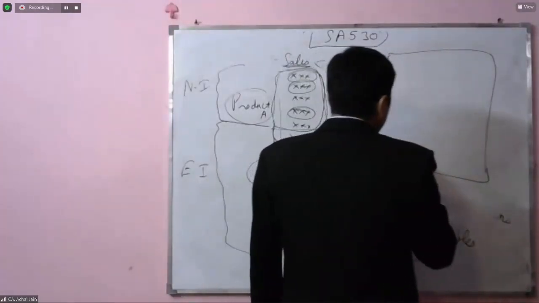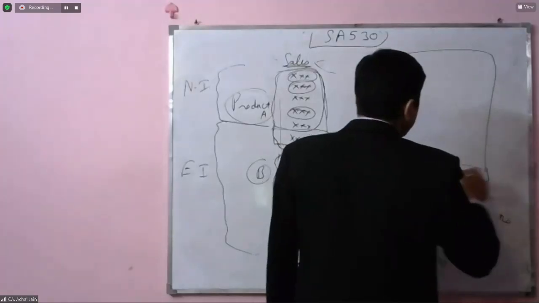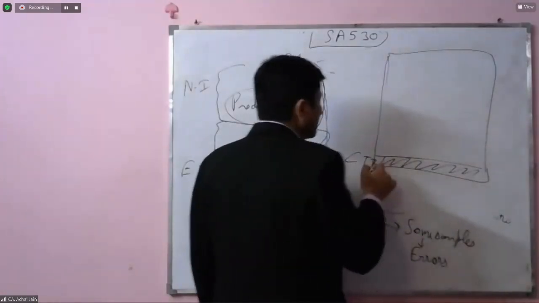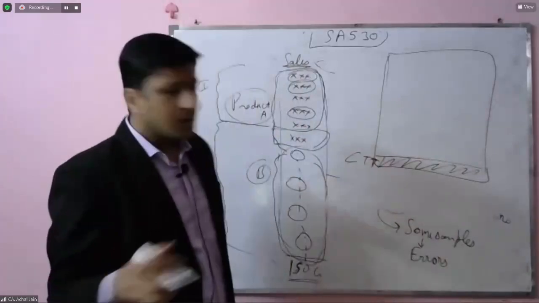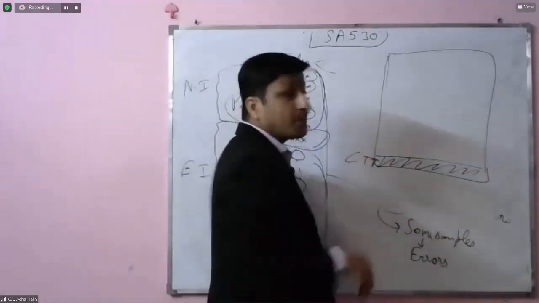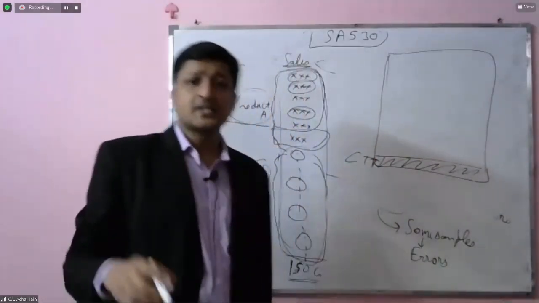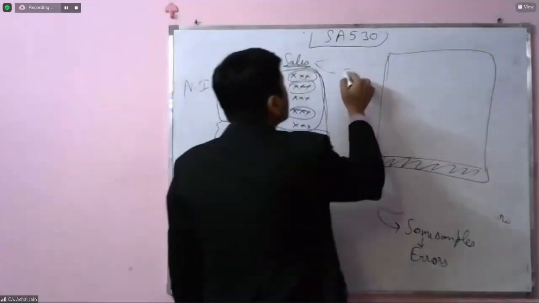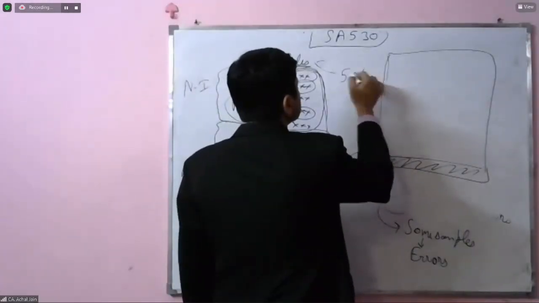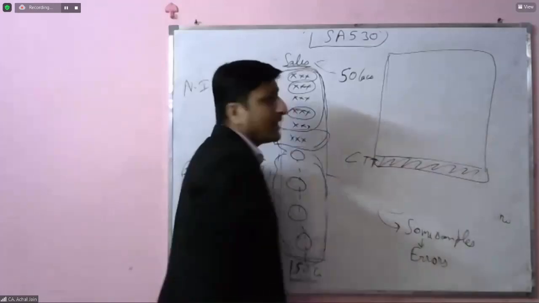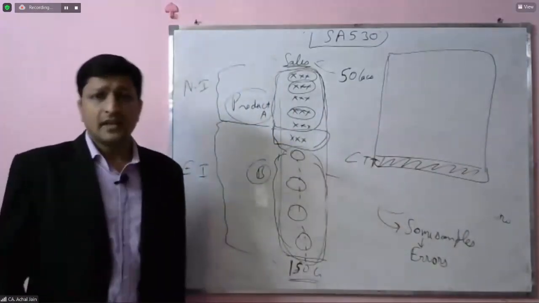Okay. So this was the threshold which we said, which was CTT, which was a very, very small amount. So I'm not talking about it. Let's suppose the materiality for the company is 50 lakhs. Materiality is 50 lakhs.